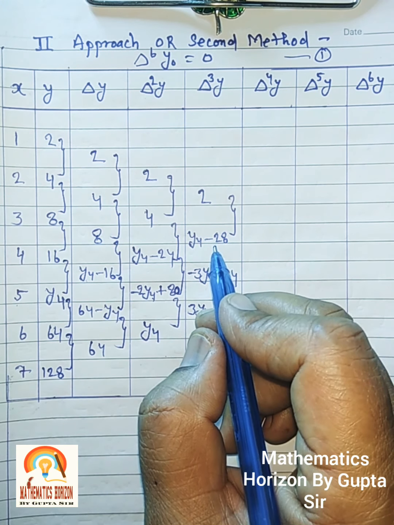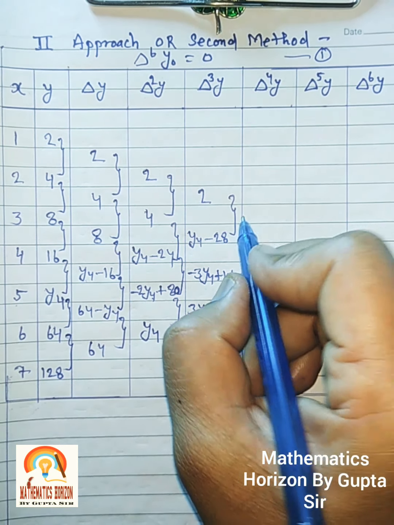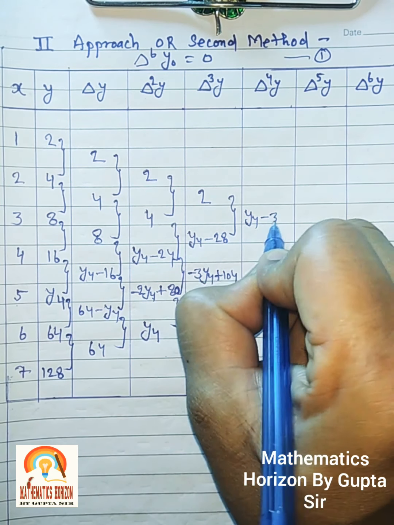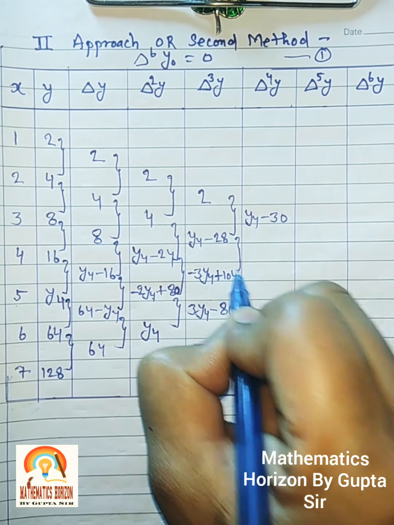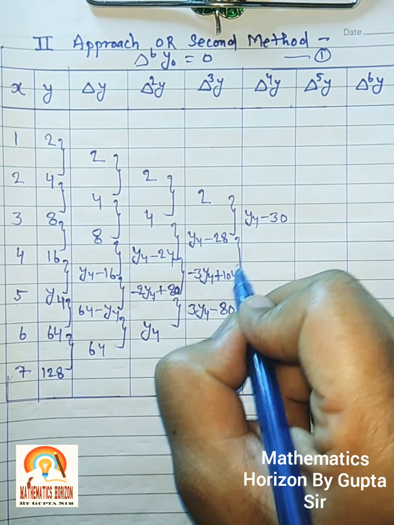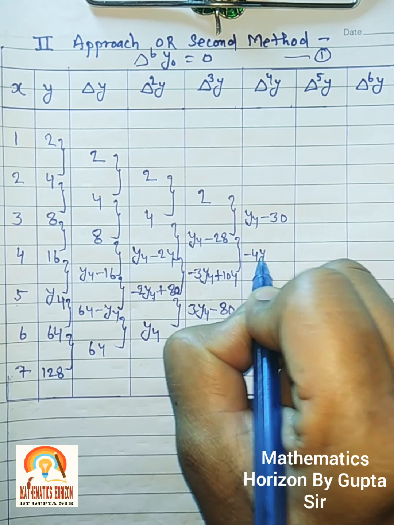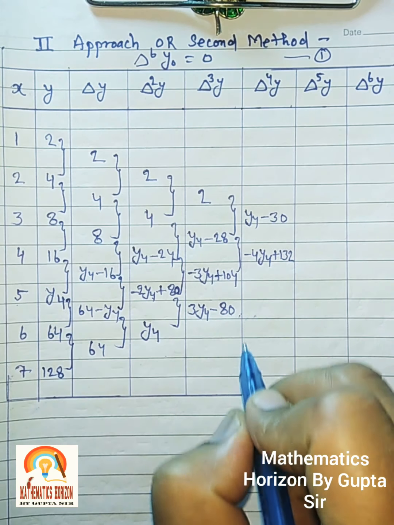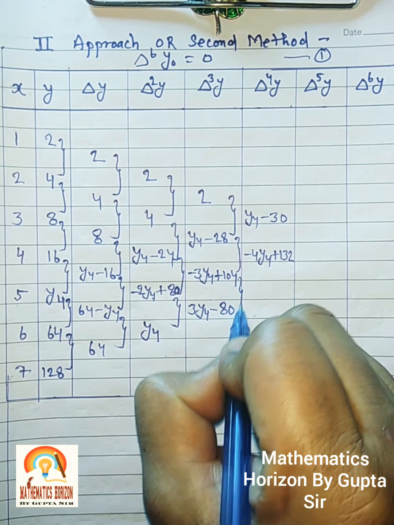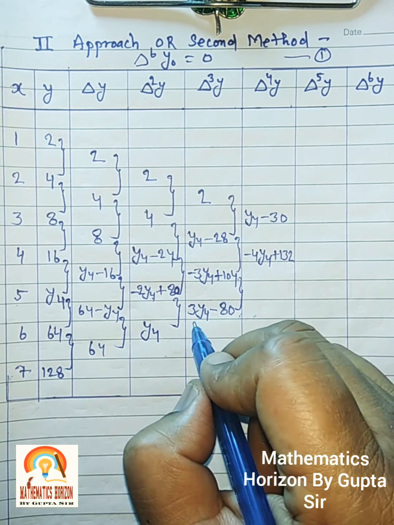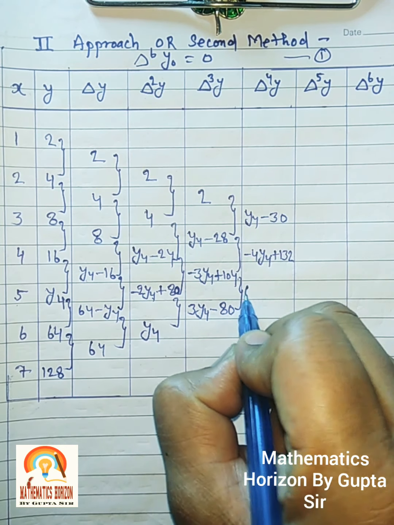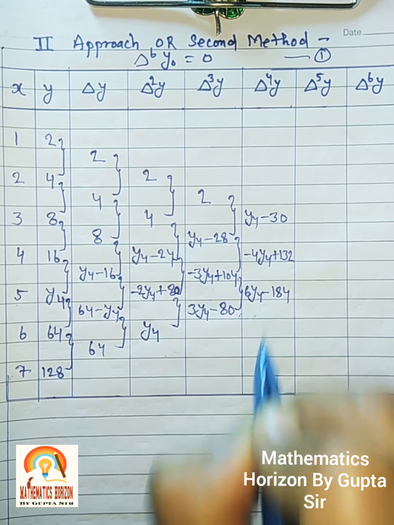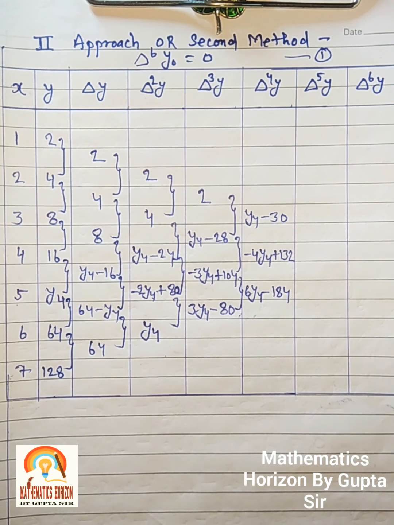What we get here in fourth order is y4 minus 30, and the difference of these two, that is minus 4y4 plus 132, and the difference of these two, 3 plus 3 is 6y4 minus 184. Okay, these are the differences of fourth order.